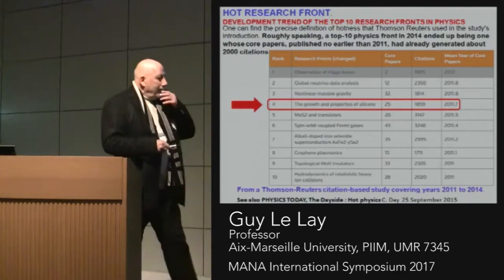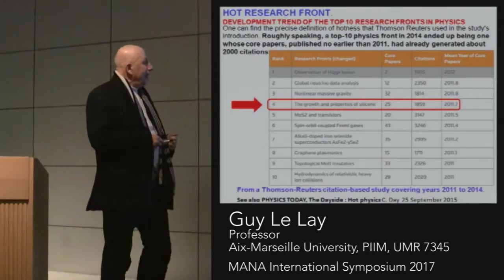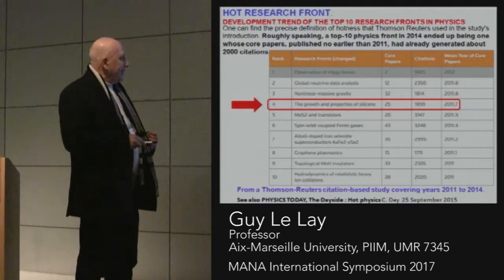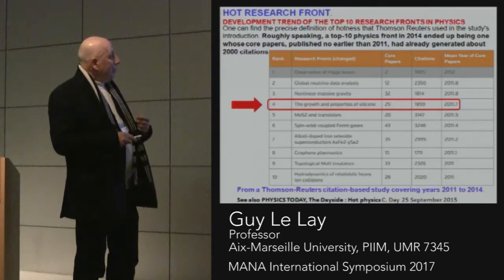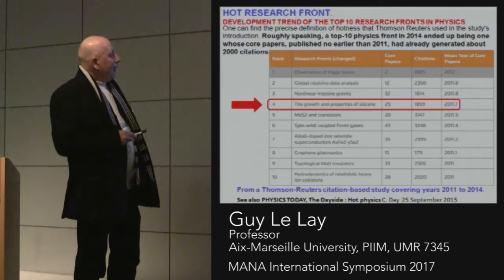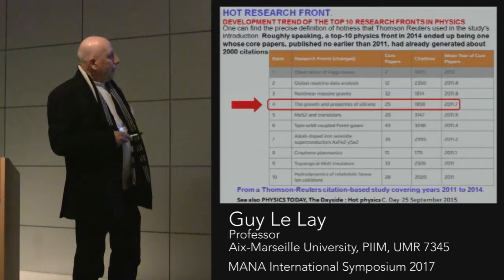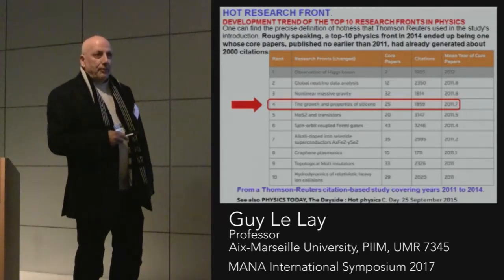This is why maybe this has excited the community. And for example, looking at this Thomson-Reuters citation-based study, the growth and properties of silicene has been one of the 10 top hot fronts in physics, and in fact, number 1 in condensed matter physics.